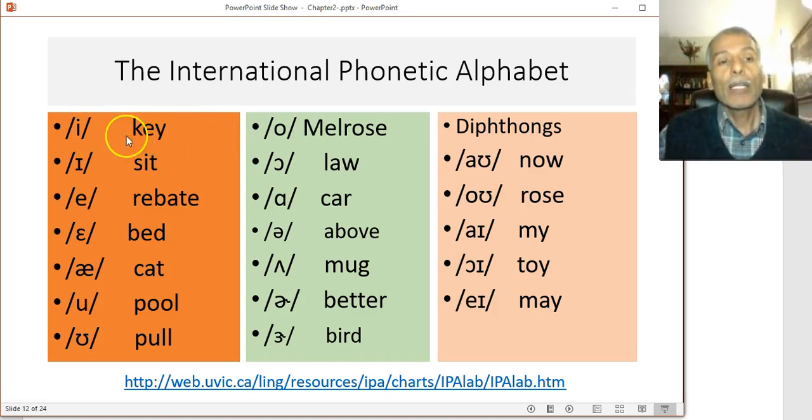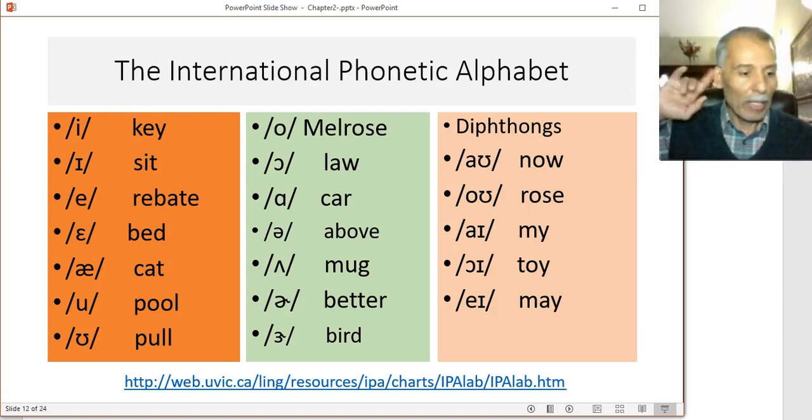So let's find 2 more words as examples that have this sound E. So we have key, and the same for sea, the place that you go swimming in, it sounds the same as to look, see. In phonetics, we don't care.